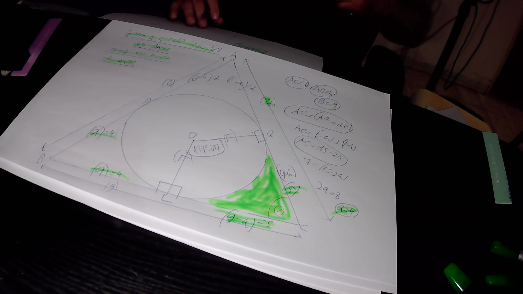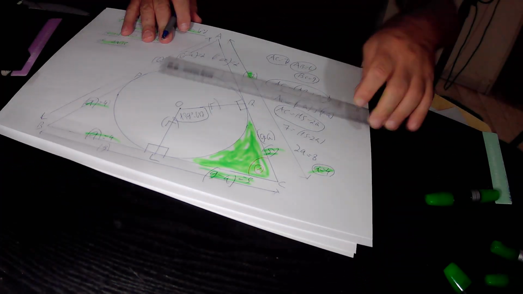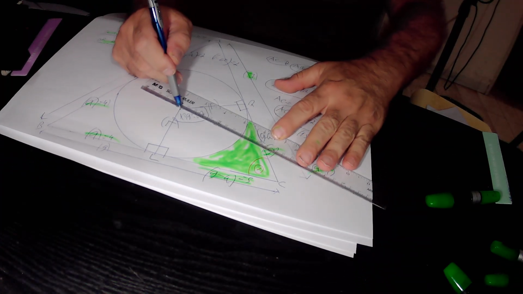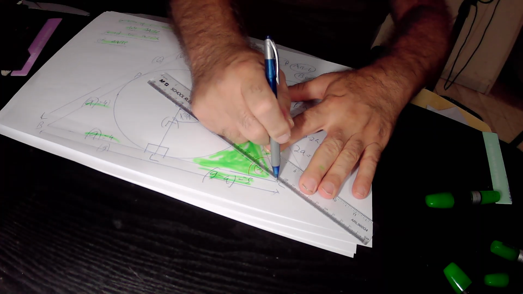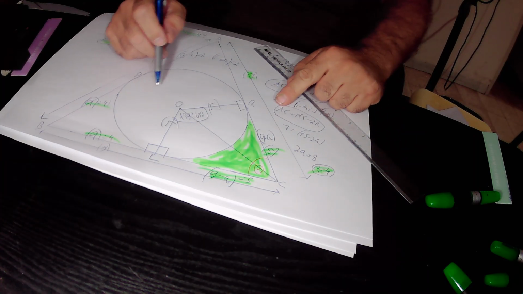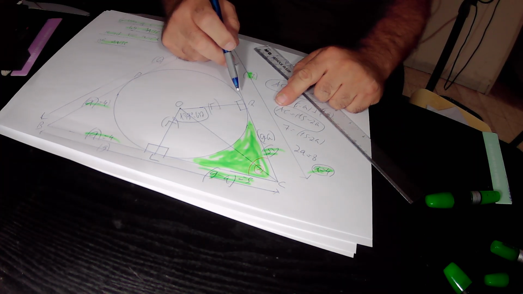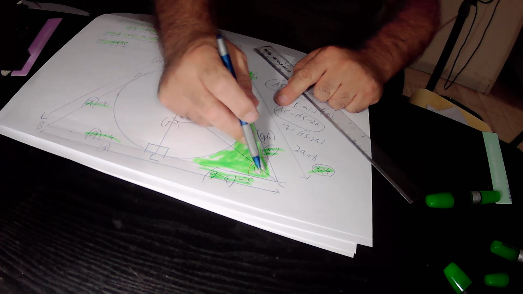In the next step, we will join points O and C together by a straight line. By joining points O and C, we create two right triangles: triangle QOC, and this is the right triangle OLC.